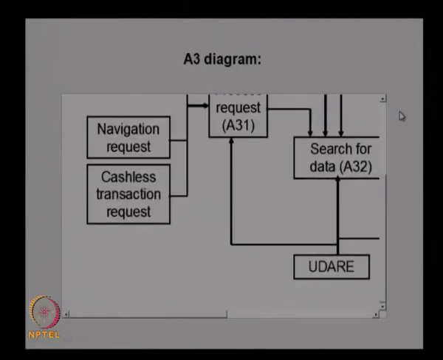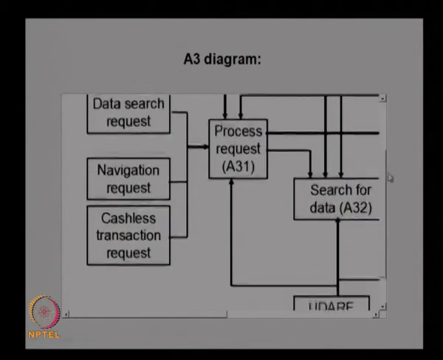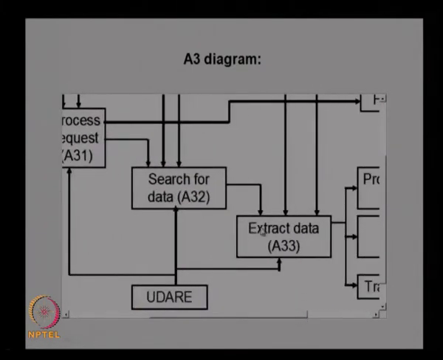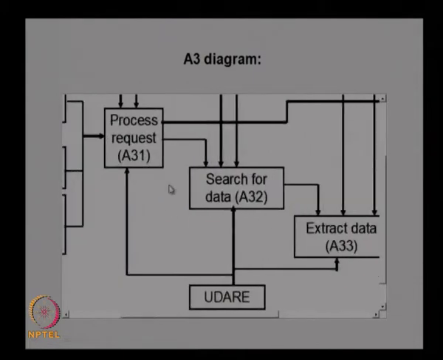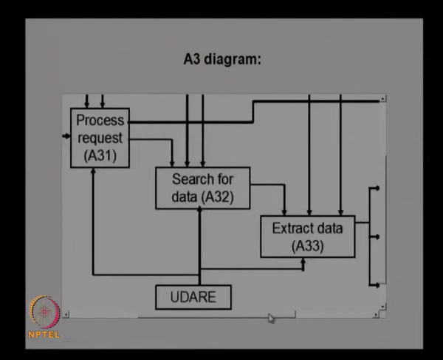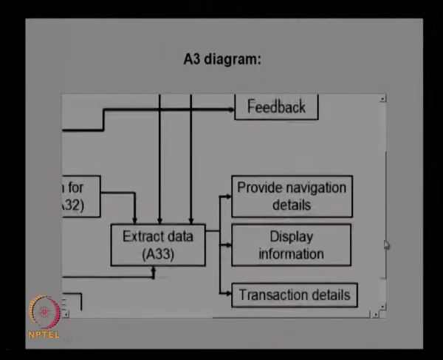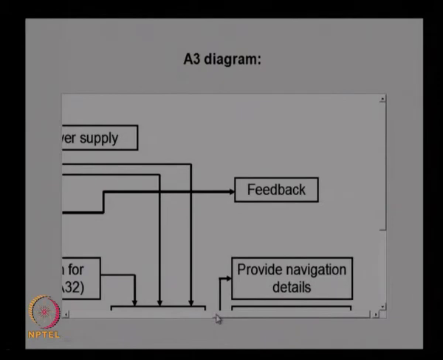And then we have the further decomposition. If you take the A3 function, it can be decomposed into A31, A32, A33 functions. We can see that process request, search for data and extract data are the sub functions, and the outputs from this will be the details, information, transaction details, then feedback.